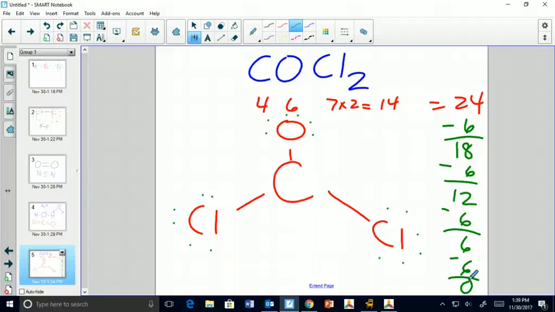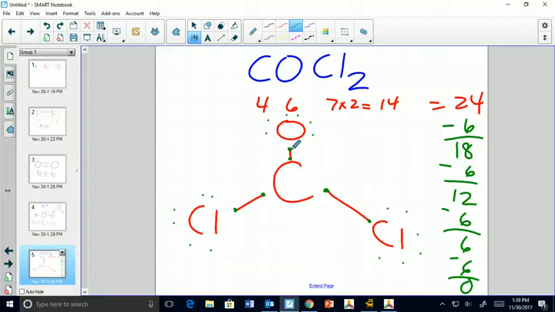Does the right side chlorine have 8? By the way, don't forget that each of these is worth 2, right? So this has got 8, this has got 8, oxygen's got 8, but what doesn't have 8? Carbon. Carbon's only got 6, right? Are you with me?